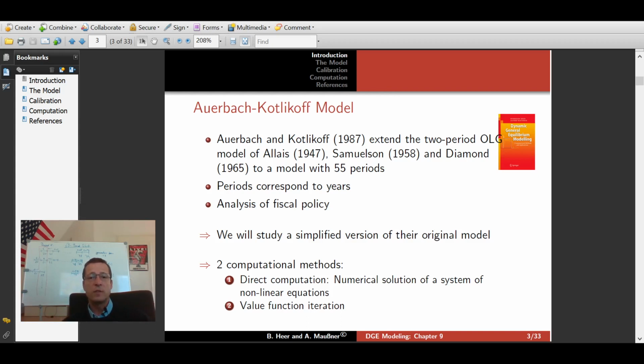Of course, this is only feasible now and not in the 80s because we have such good computer power now, and we didn't have the computational power in the 80s that we have right now. Okay, and we will use two computational methods: direct computation, where we solve a system of nonlinear equations. In fact, we will reduce it to the solution of a nonlinear equation in two or one variable, and value function iteration in the next video.